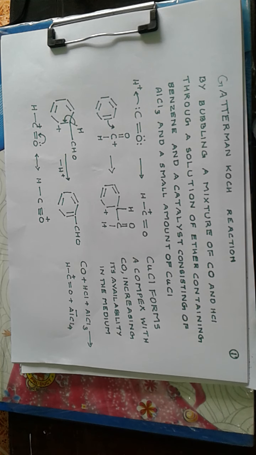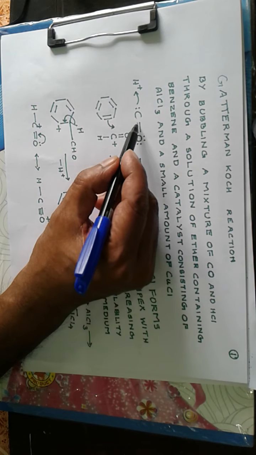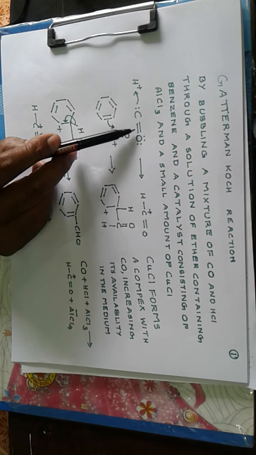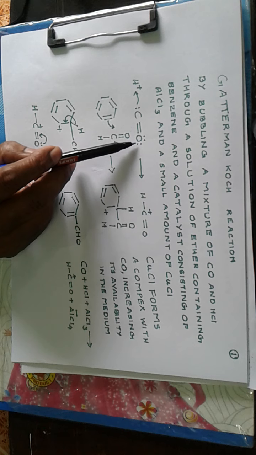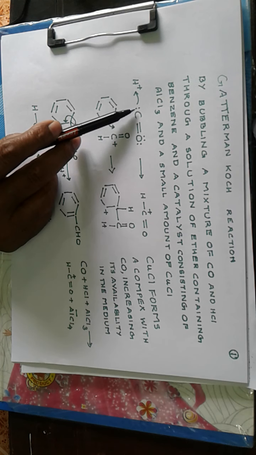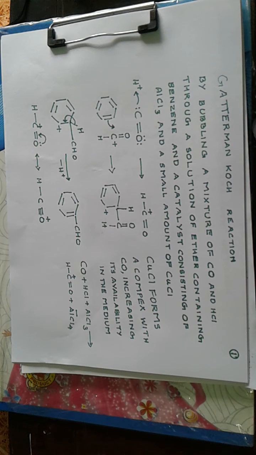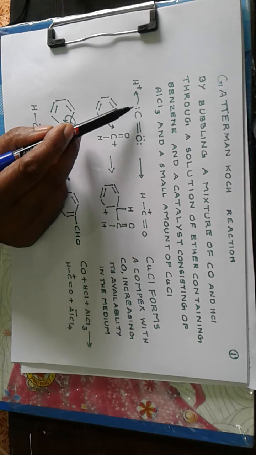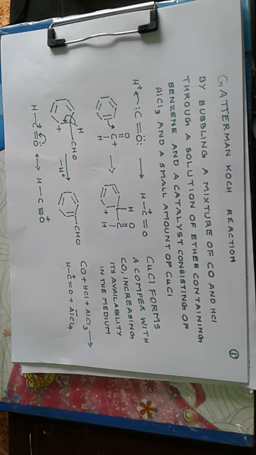HCl donates H positive to carbon monoxide. Carbon monoxide is having this structure C double bond O, 2 lone pairs over oxygen and 1 lone pair over carbon. Now this lone pair is donated to H positive supplied by HCl.